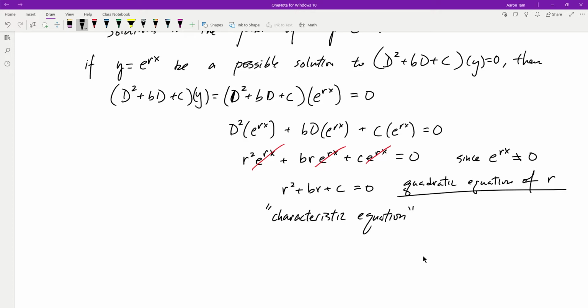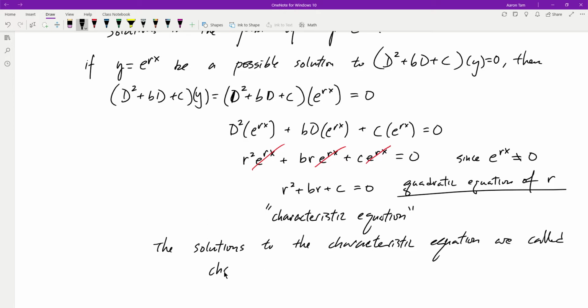And notice, in order to form the basis to our solution set, what I do need to do is figure out what r is, and now we have an equation to solve for it. So the solution to the characteristic equation also has a name. They are called characteristic roots.